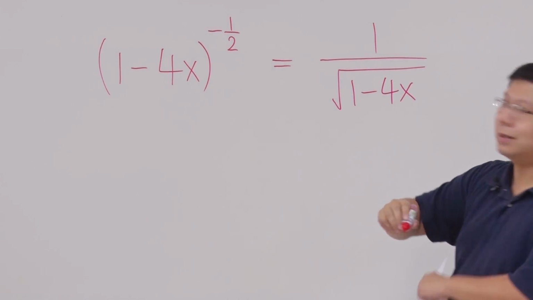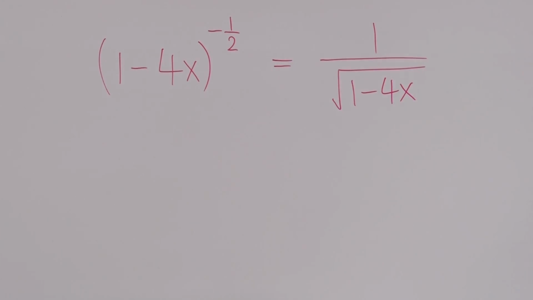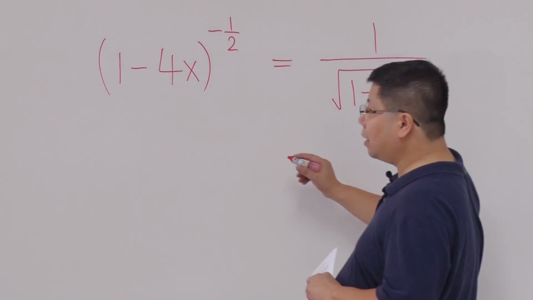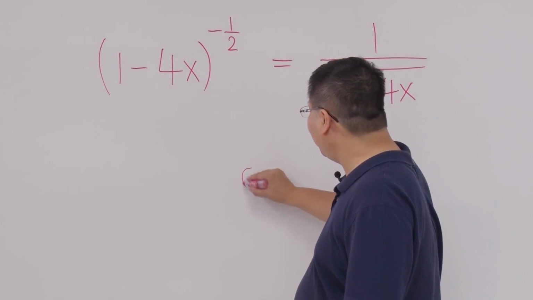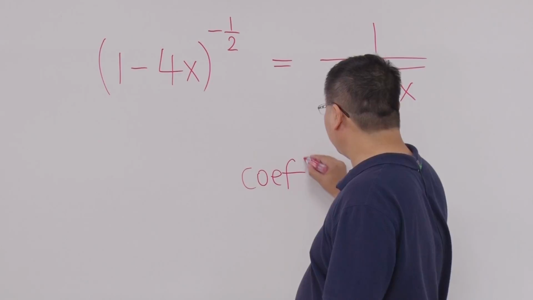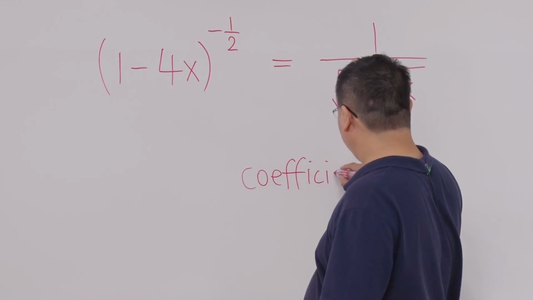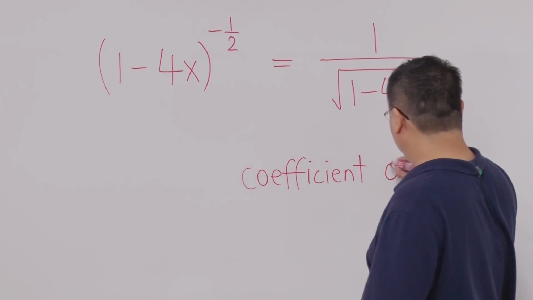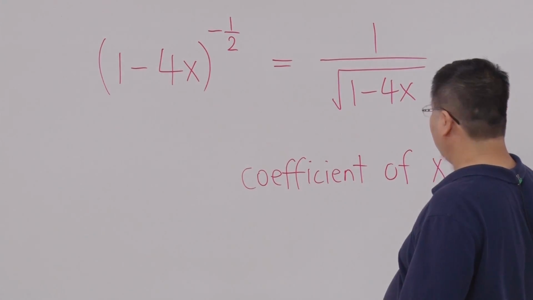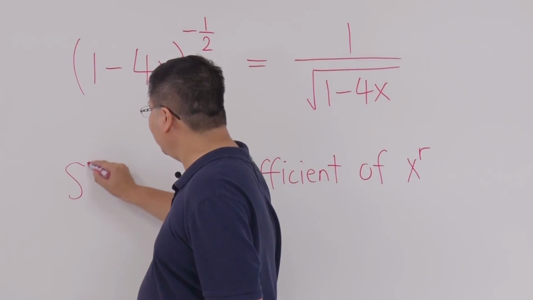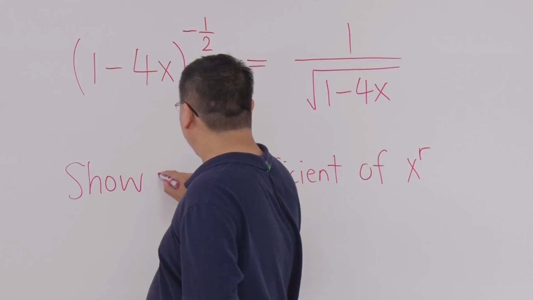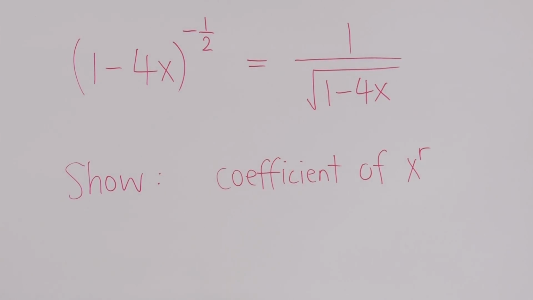And then we want to find out what is the coefficient of x to the power r. We want to show that the coefficient of x to the power r is going to be very beautiful. It is going to be equal to 2r choose r.